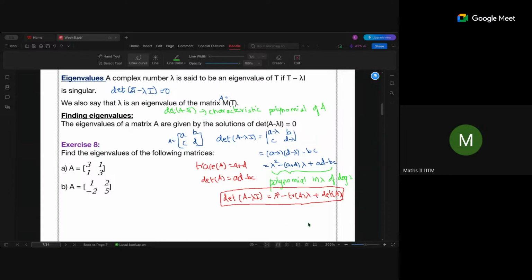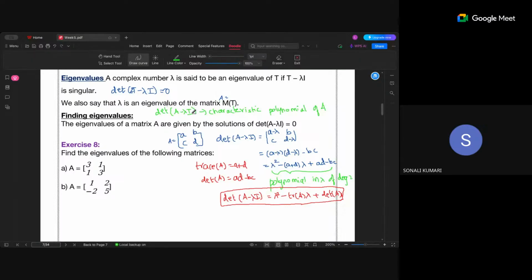Yes, Shonali, do you have any question? Yes, ma'am. As you said, the determinant of A minus lambda I is in the form of a polynomial, having degree 2.